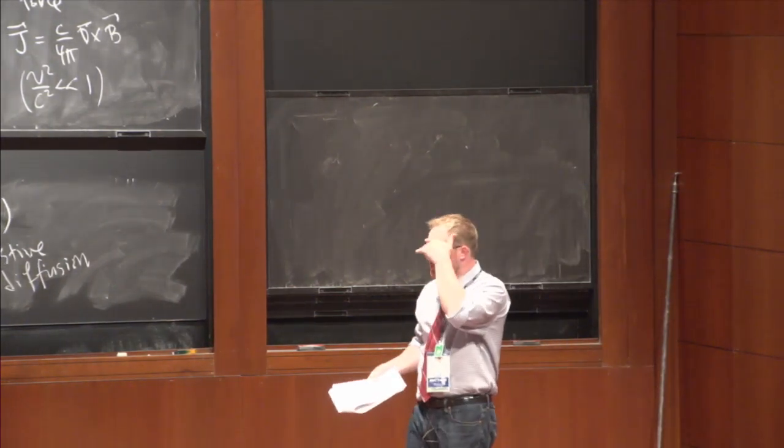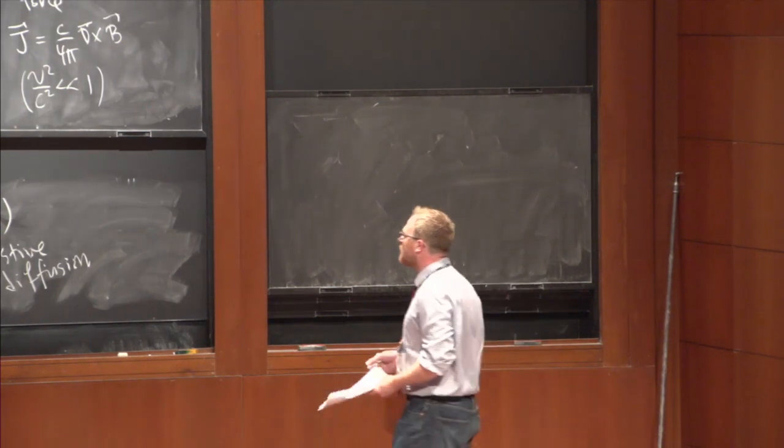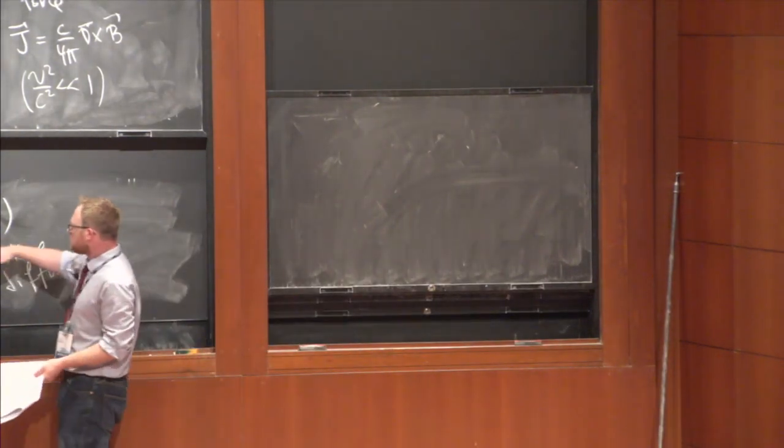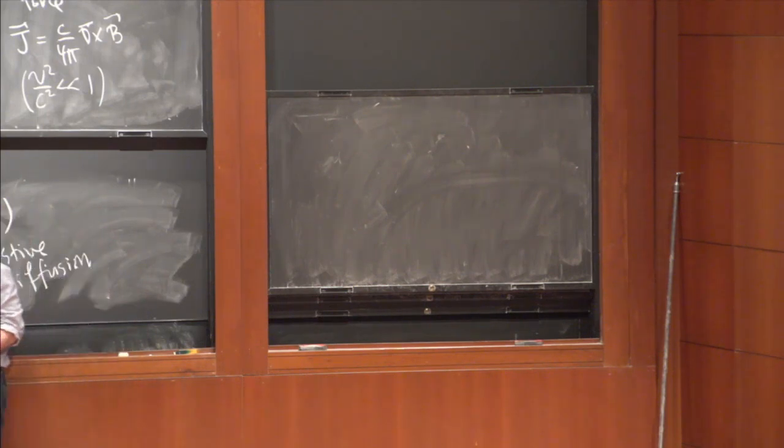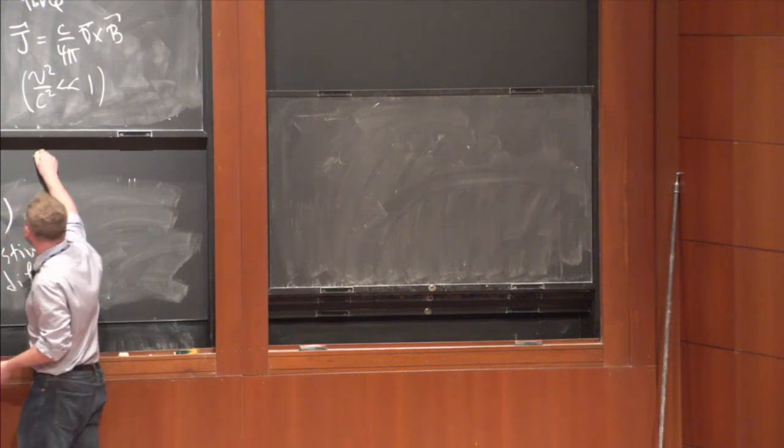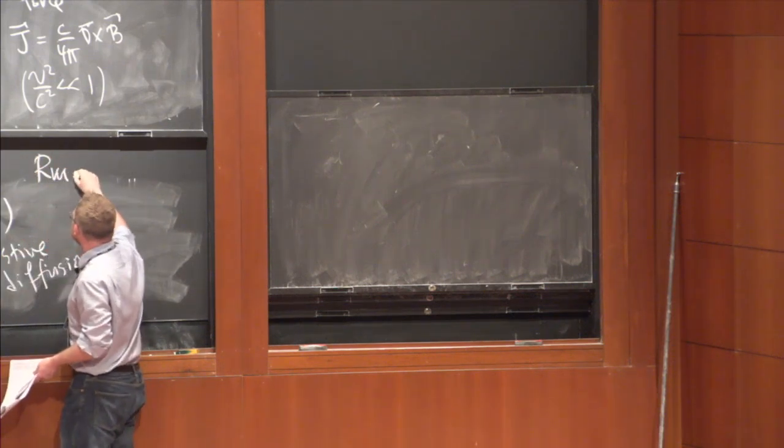Something I do on page 15 of the notes is I talk about the relative size of this resistive term in the Ohm's law to this term, which is sometimes called the effective term, which is not quite true, but the relative magnitudes of these terms are usually characterized by two numbers.